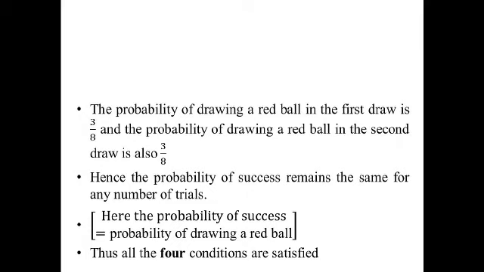It could be either the probability of success or even the probability of failure. So here the probability of failure would be the probability of not drawing the red ball, which would be 5 by 8. So the last condition of Bernoulli's trial is also satisfied here, and therefore this is a very good example of Bernoulli's trial being satisfied when the ball is replaced.